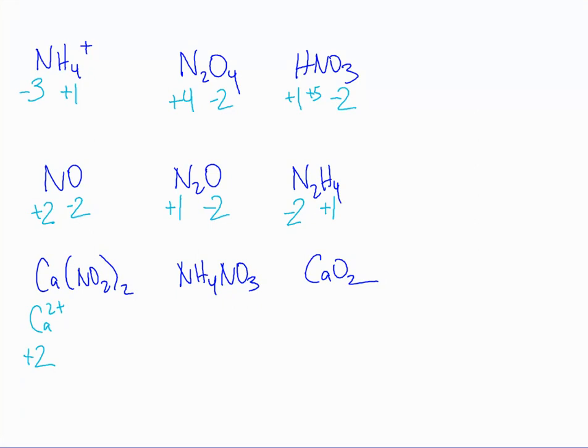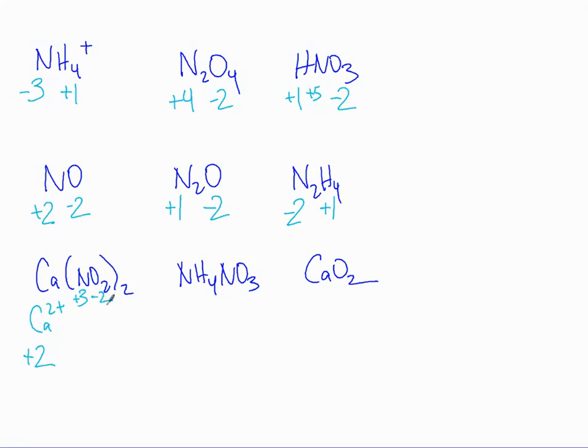So let's see here, nitrite. We end up with -2 for the oxygen, and the charge of this ion is -1, which means we need to have +3.